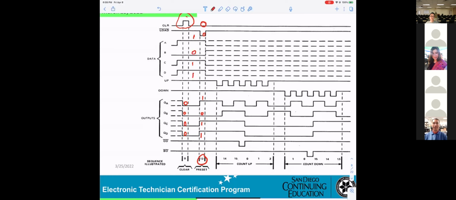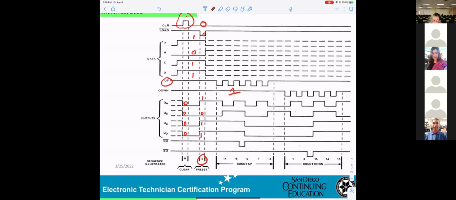Okay, now next we're talking about counting up. You can see this is counting up right here. That means they get a clock. However, now they must be at a logic 1.